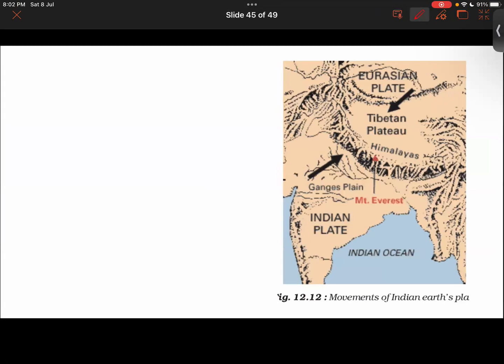Now, let's talk about the sensitive zones of earthquakes in India. See, if you look at the plates, as I said, there's the Indian plate and the Eurasian plate as well. Yes, sir. So see the Himalayas here. How were the Himalayas formed?